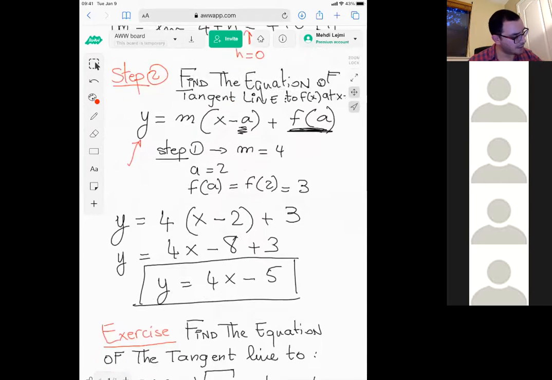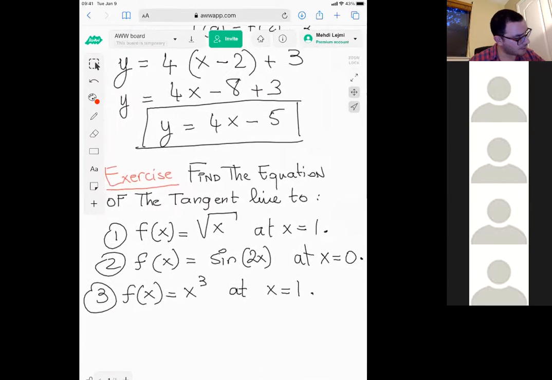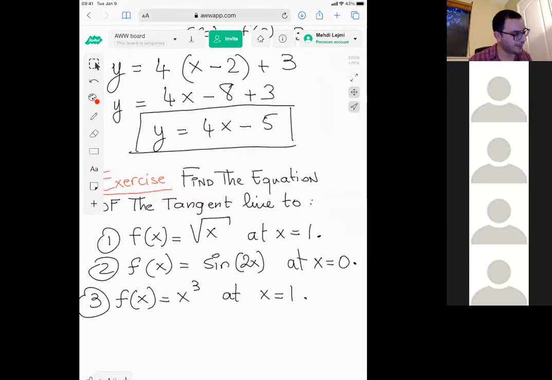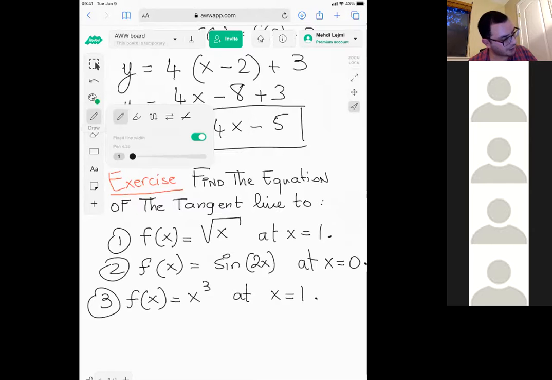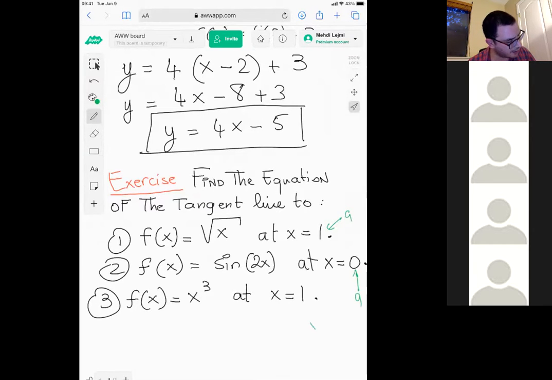Please try to find the equation of the tangent line to these functions here. Of course, a would be this number here. For number one, this is your a, here's your a, and here's your a.